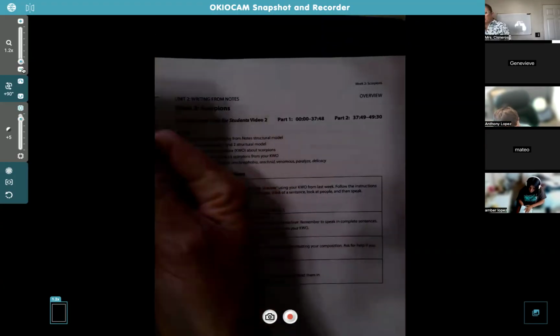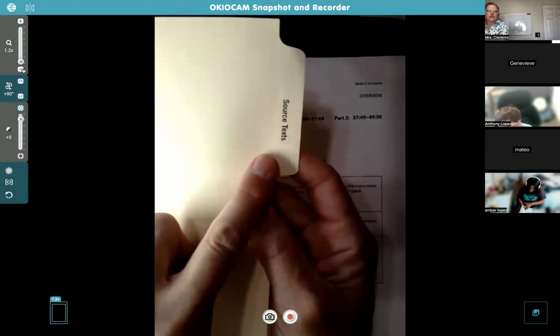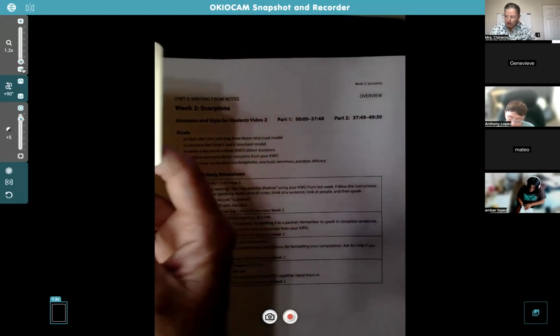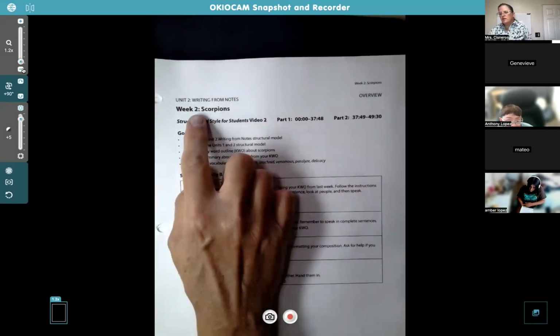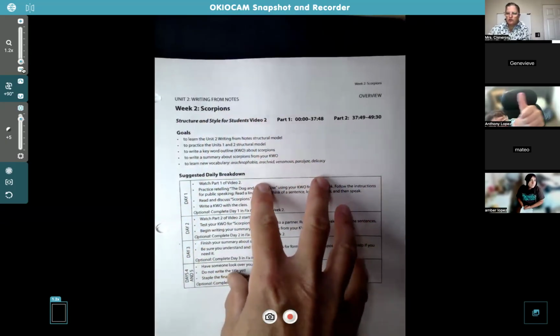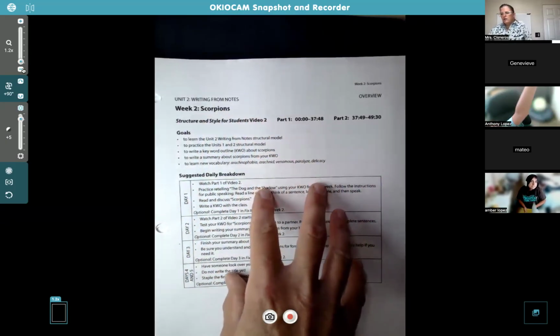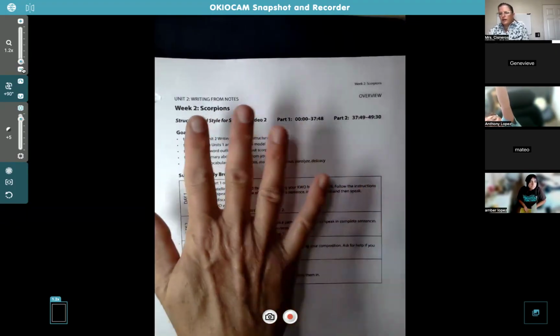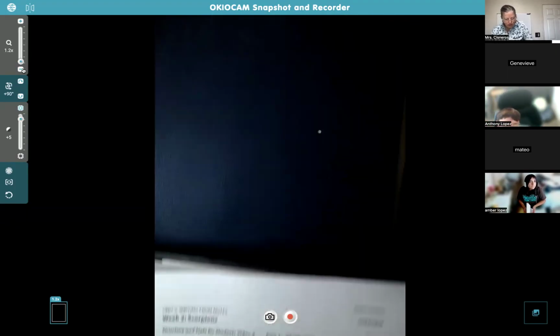This one that says source text, I think we moved it to the right spot last week. So if you turn that, you should see week 2 scorpions. And Mateo, don't worry, you don't have this page. You don't need it. But the rest of you get out week 2.